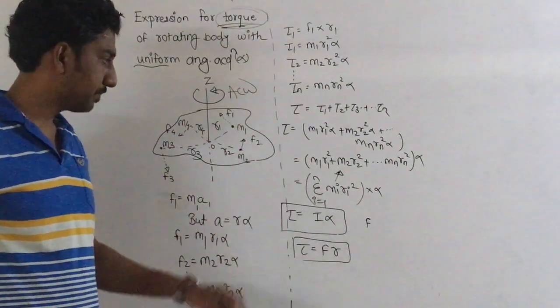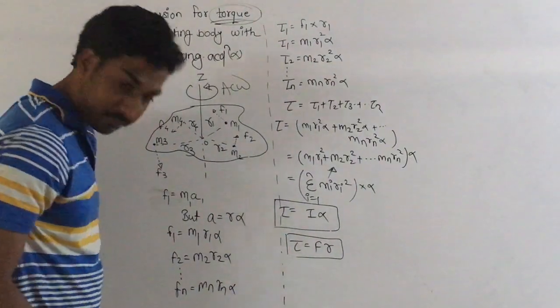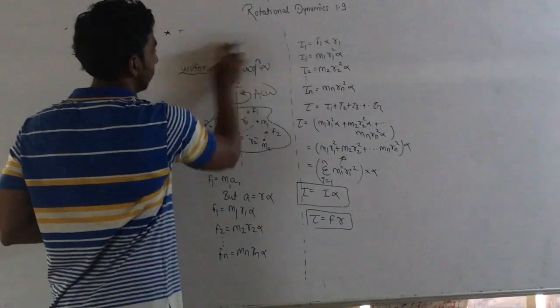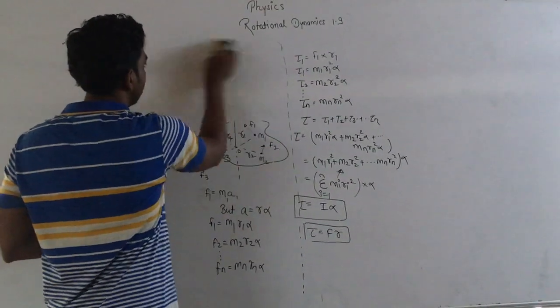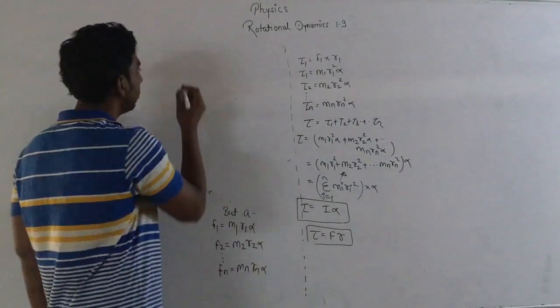Now there is one more point: the radius of gyration, denoted by k.